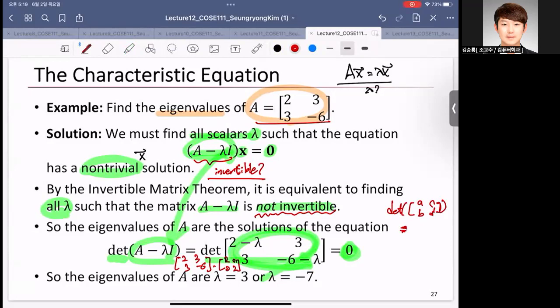We discussed this in chapter 2.2, right? AD minus BC. Right? Then you can just compute this one: (2 minus lambda) times (negative 6 minus lambda) minus 3 by 3.